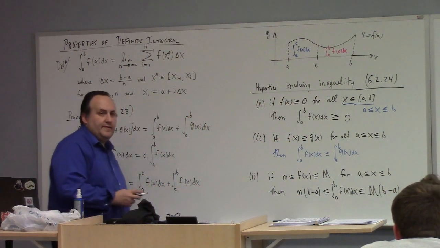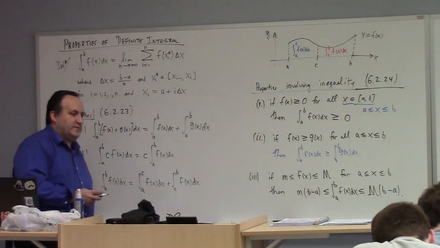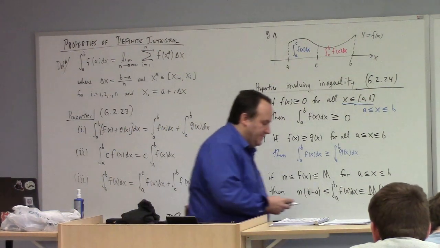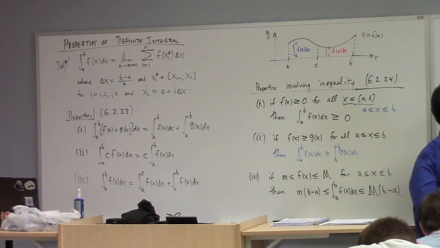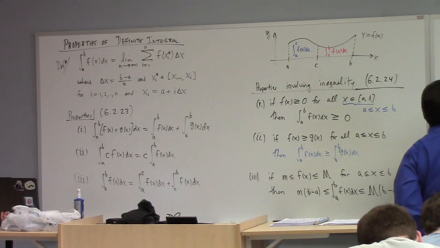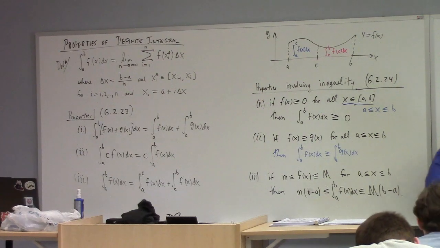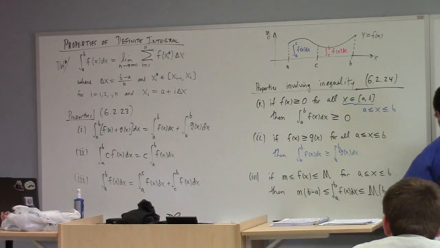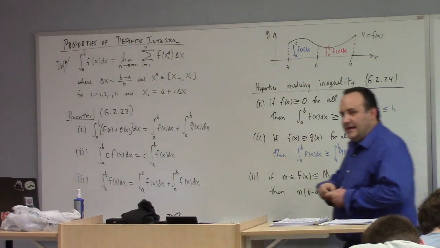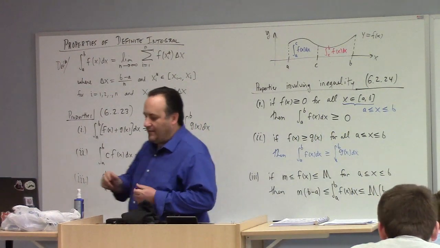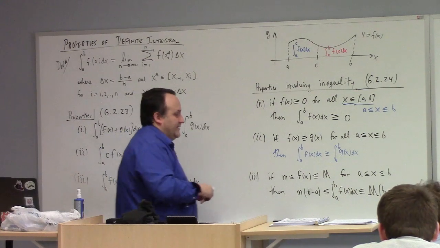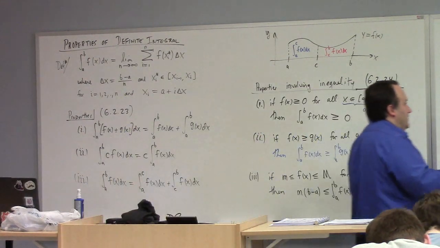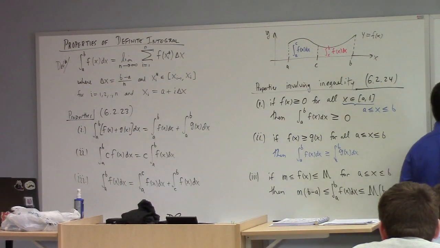Okay? Let me draw a picture of part 3 just to show you why that's a plausible theorem. So, if I am saying I've got a function, right? And just to make it interesting, I'm allowing little m to be negative. I'll make little m negative just for the sake of throwing that idea in here, but I may regret that.